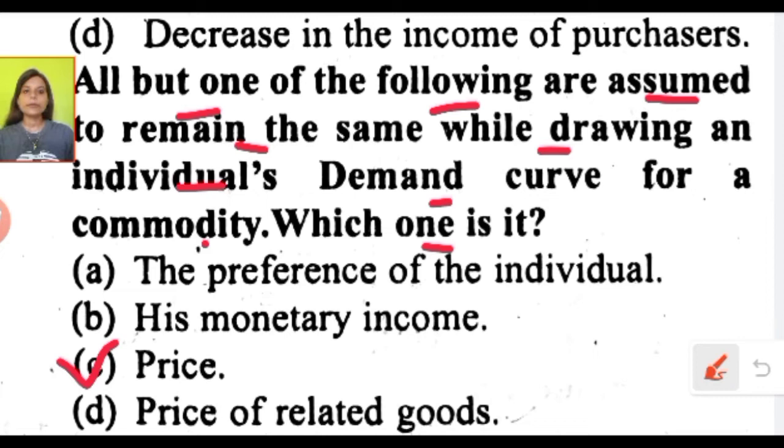Now, why? Because only the price changes, and all the others, like the price of related goods, the income, the taste, the preference, remain constant while drawing an individual's demand curve for a commodity. Only price changes.